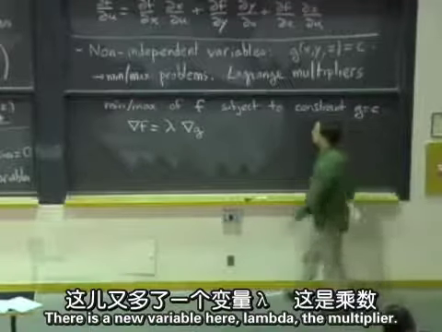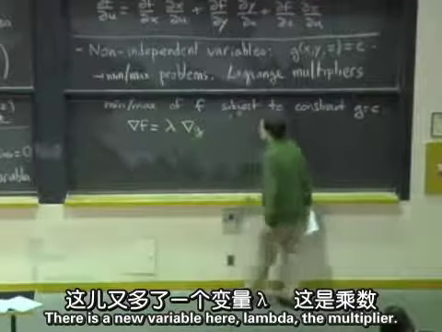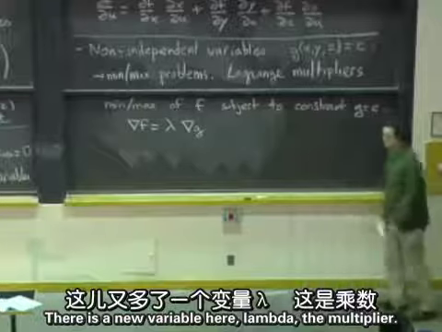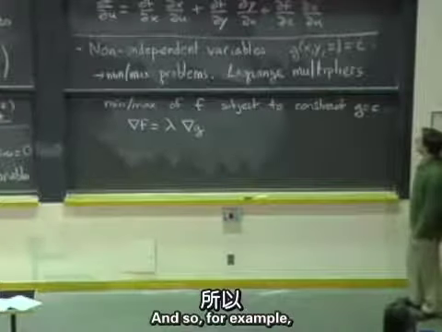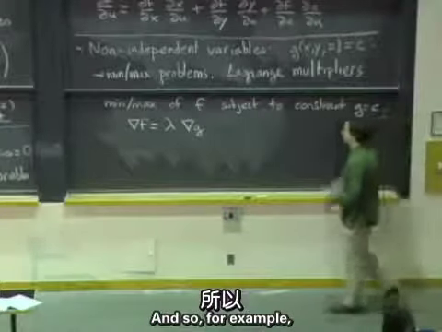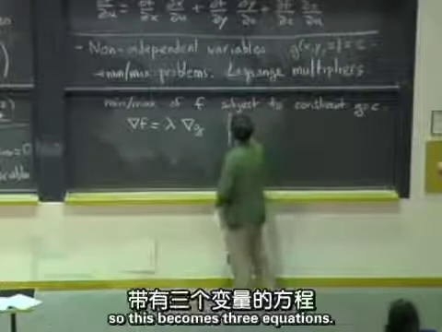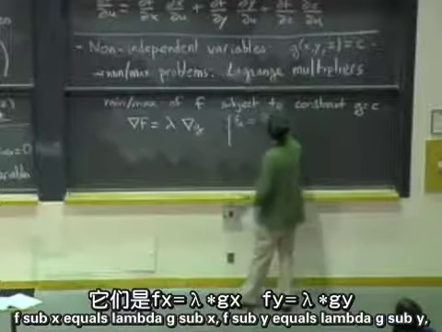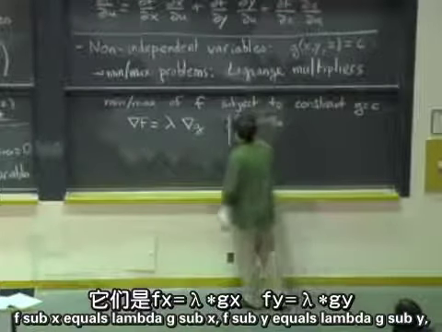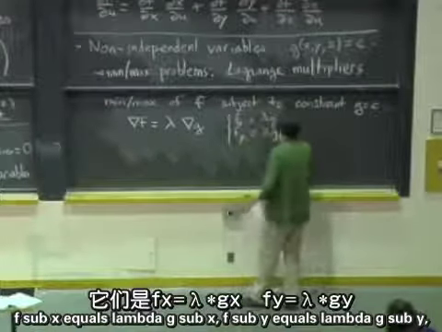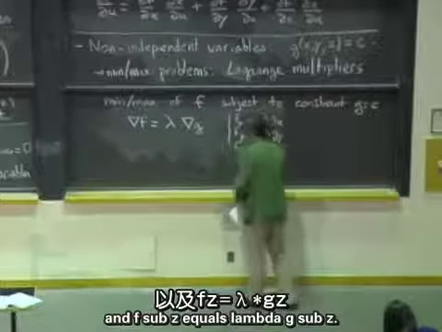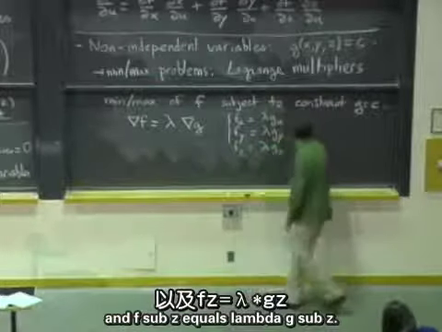So there's a new variable here, lambda, the multiplier. And so, for example, here I had functions of three variables, so this becomes three equations. f sub x equals lambda g sub x, f sub y equals lambda g sub y, and f sub z equals lambda g sub z.